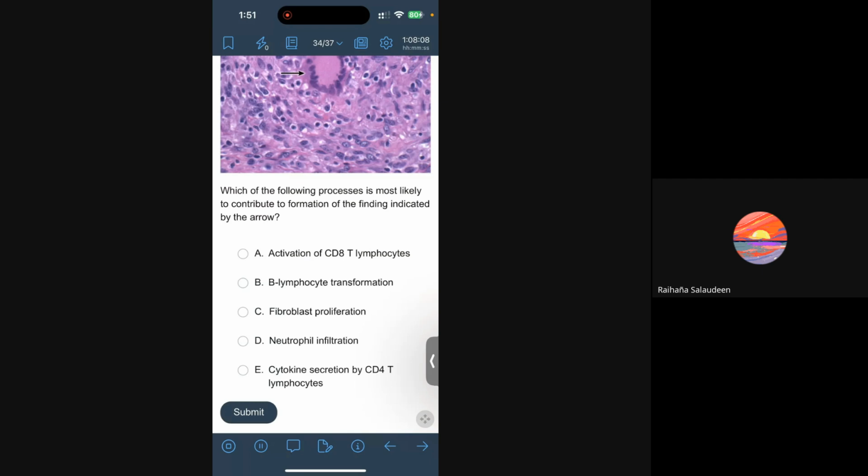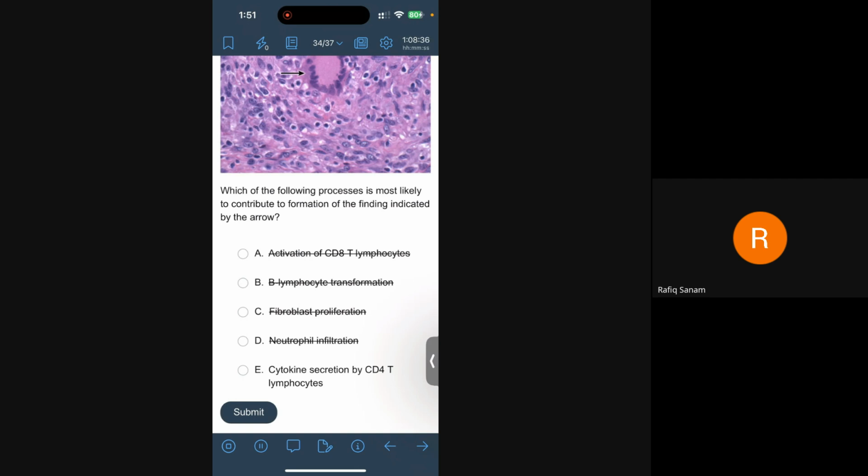First, let's eliminate the options. B lymphocytes are not involved in granuloma formation. Fibroblasts are not; they are involved in fibrosis. Neutrophils are also not involved. CD4 T cells are involved, CD8 T cells are not. CD4 T cells secrete what? Interferon gamma.